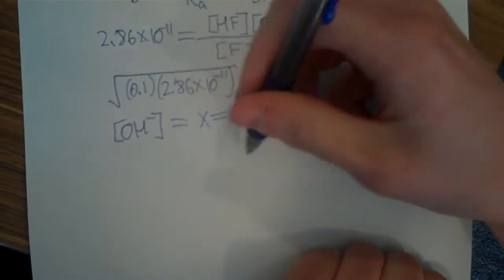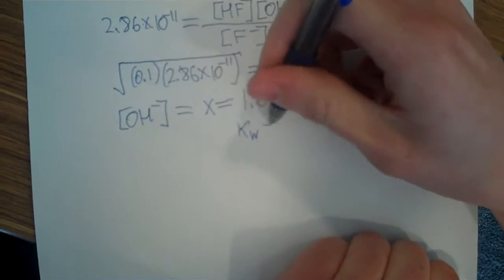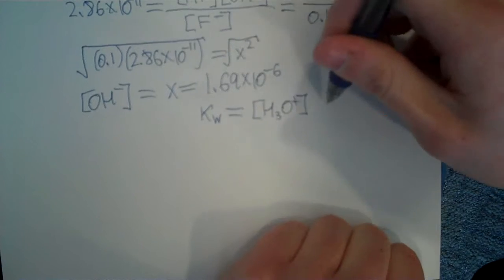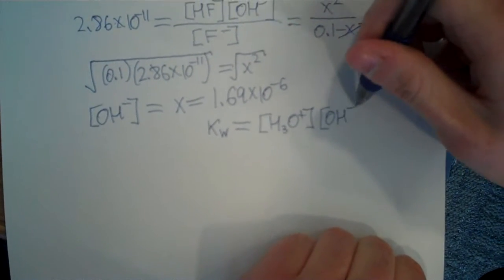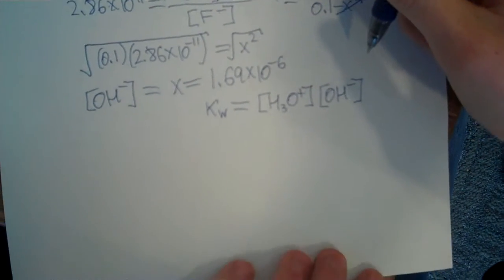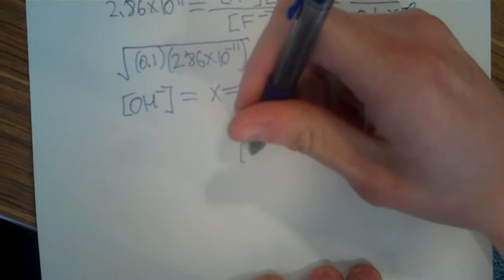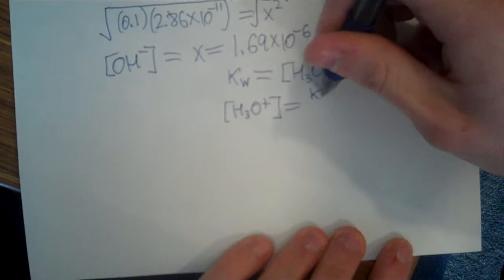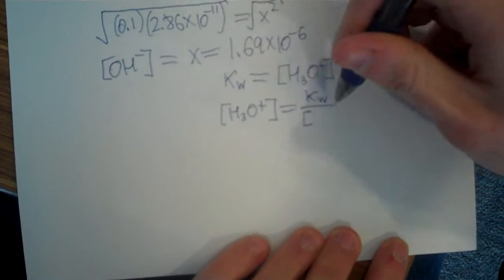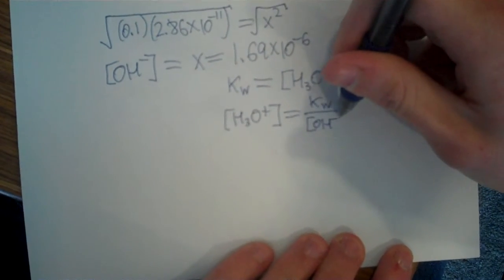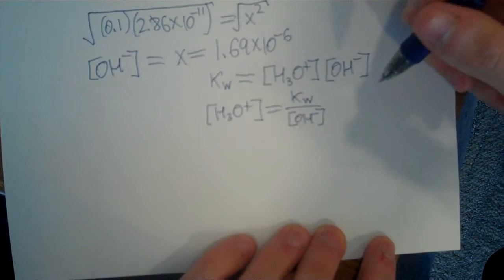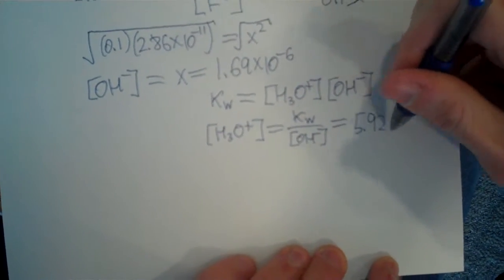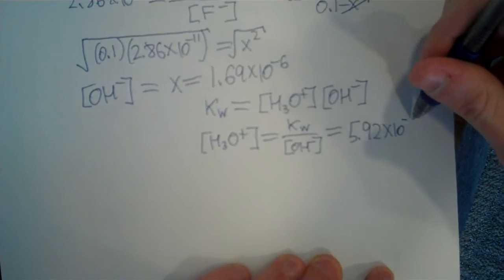And therefore, we know that Kw is equal to the concentration of H3O plus multiplied by the concentration of OH minus. We can use this to calculate that H3O plus is equal to our Kw over the concentration of OH minus, which gives us a value of 5.92 times 10 to the minus 9.